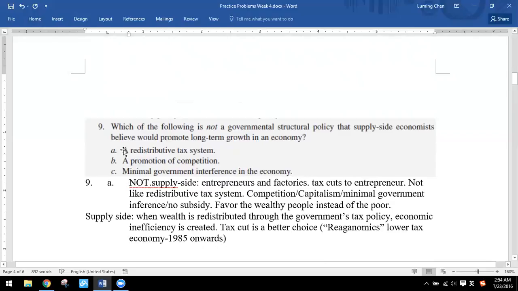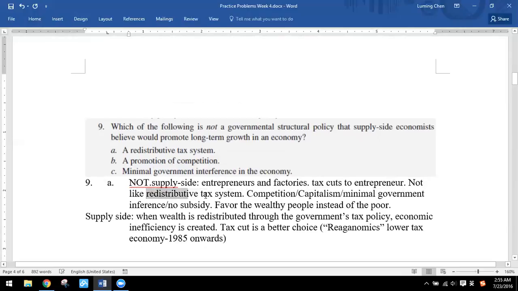So a redistributive tax system is not favorable to the supply-side economists, because supply-side economists propose that there should be tax cuts to the entrepreneur.